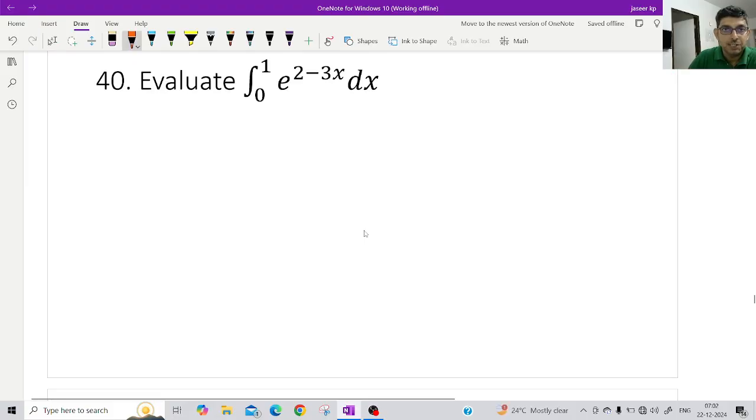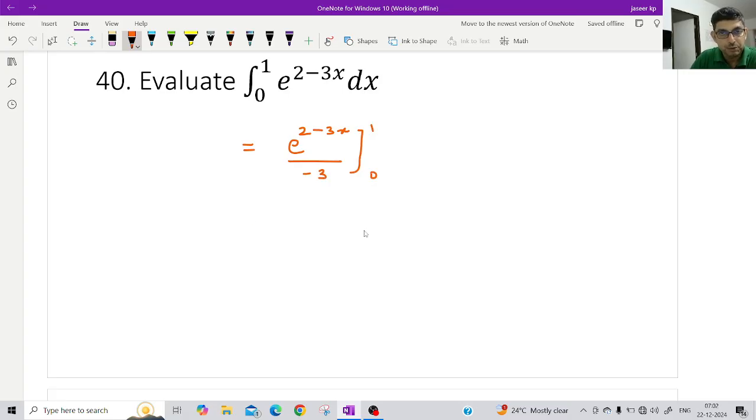Evaluate integral 0 to 1 of e to the power of 2 minus 3x. So this can be done directly. This is e to the power of 2 minus 3x divided by minus 3 from the limits 0 to 1. So minus 1 by 3 is outside, e to the power 2 minus 3 minus e to the power 2.